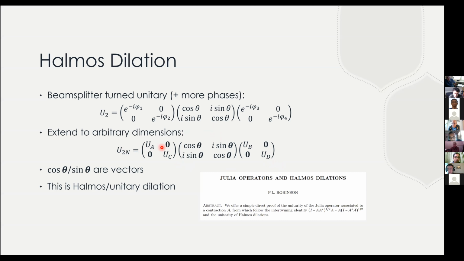And there are other versions of this dilation where, instead of a 2n by 2n matrix, you could have an n plus 1 by n plus 1 matrix. This is also a valid dilation. It's maybe not a Halmos dilation, I'm not sure on that, but it is a valid method of dilating. Thank you. So hopefully that answers your question.